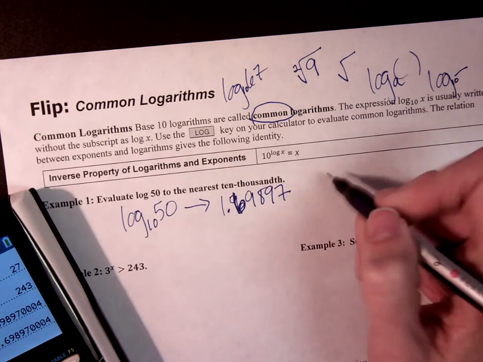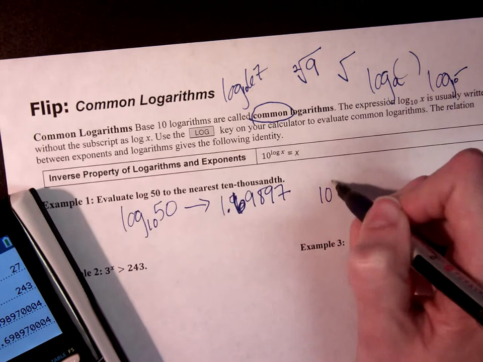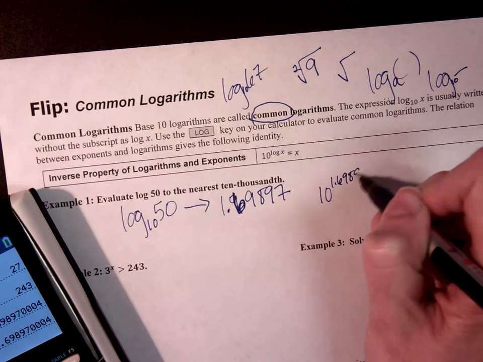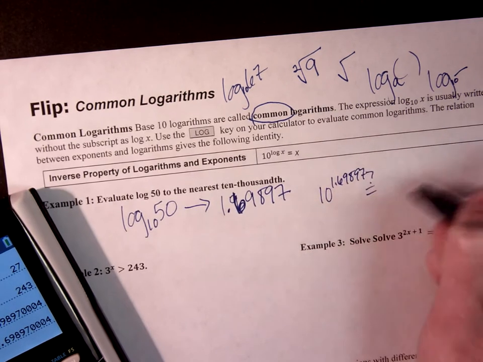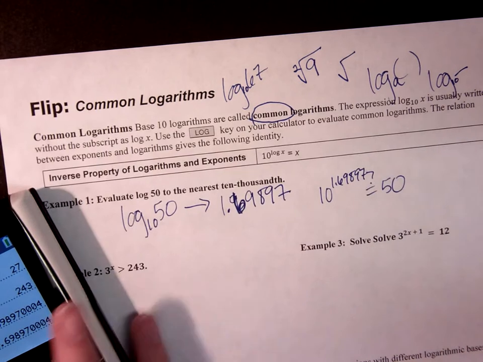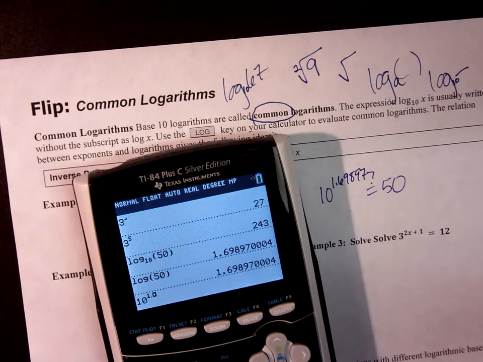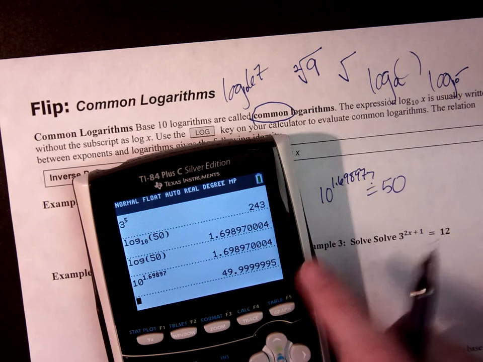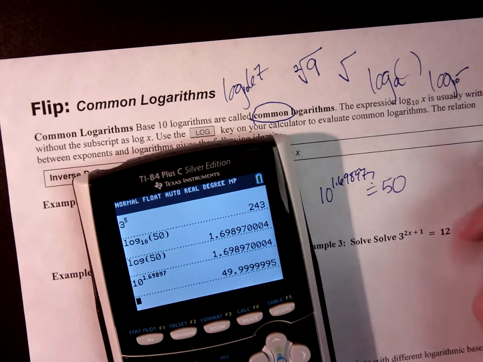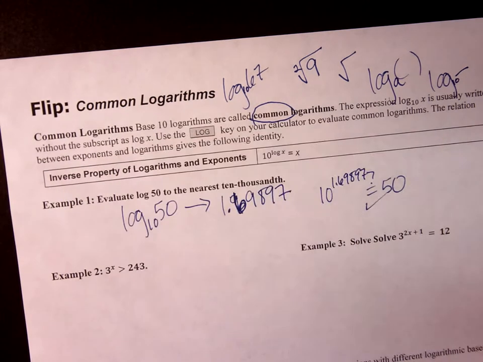And I check that by saying, is 10 to the 1.69897 equal to 50? So 10 raised to the 1.69897. And again, it's a really, really close approximation, so we're good.